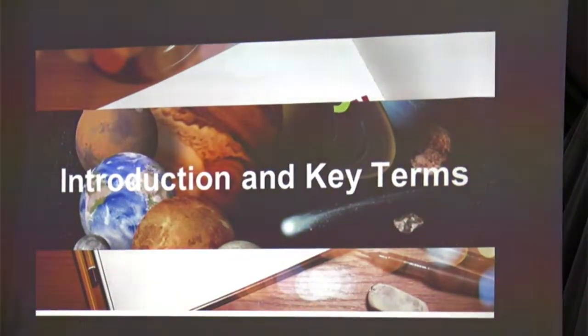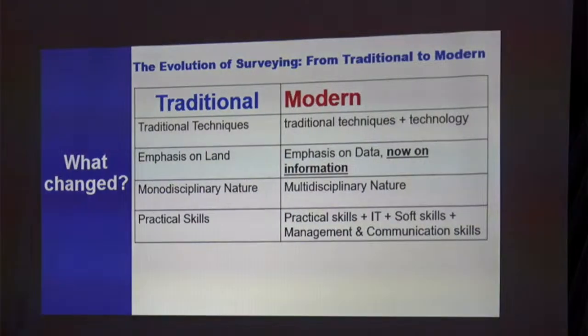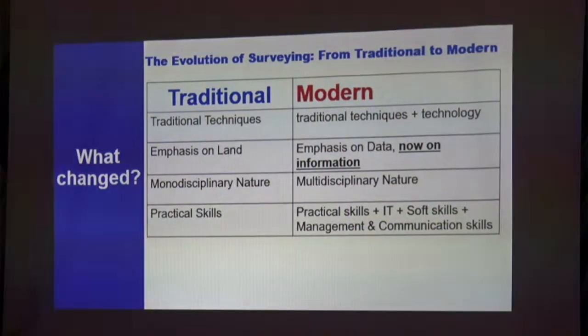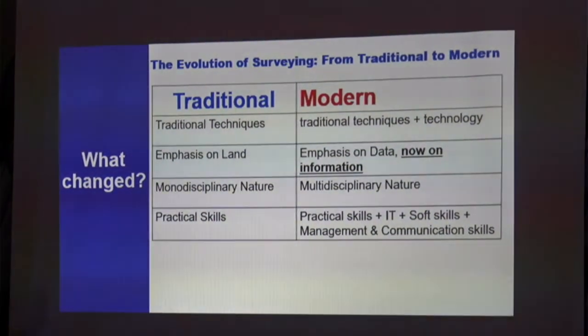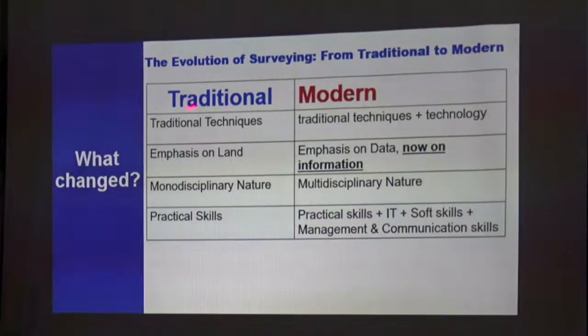So to start with, we want to quickly look at the evolution between traditional to modern surveying. What are the key changes? The first part is in terms of traditional techniques.